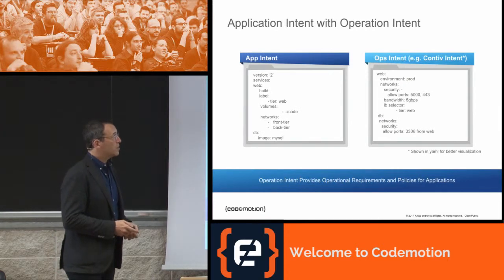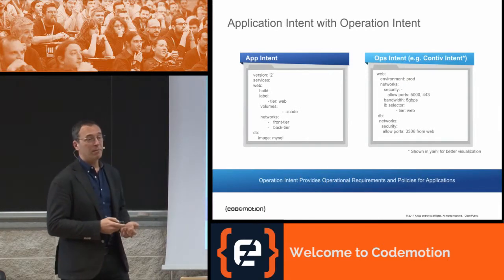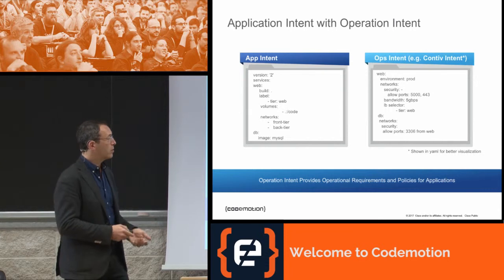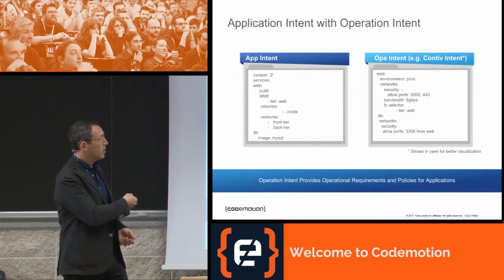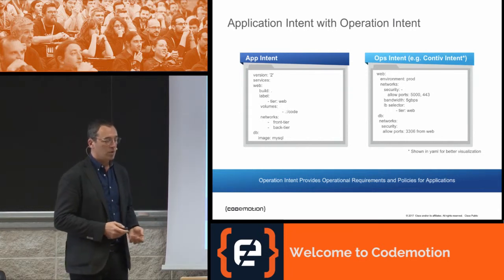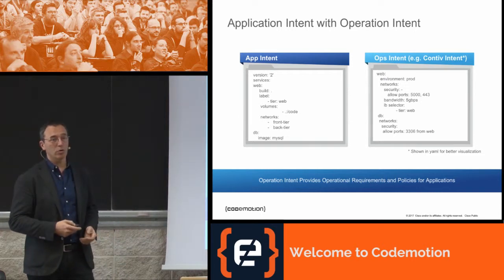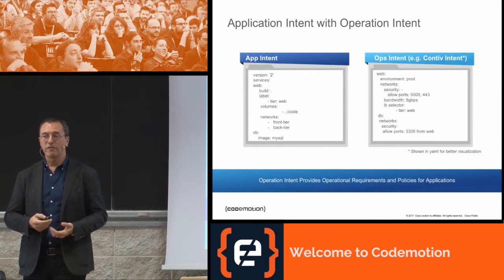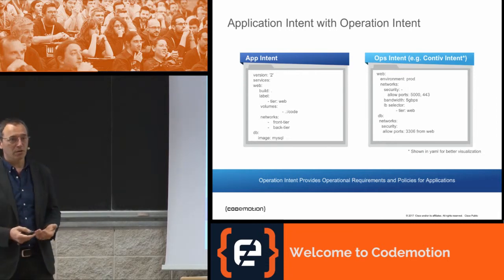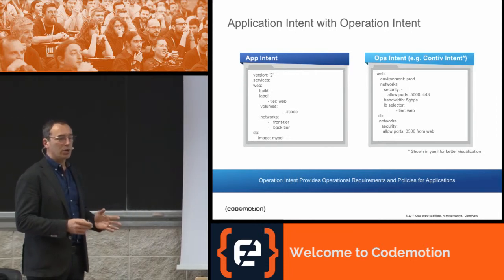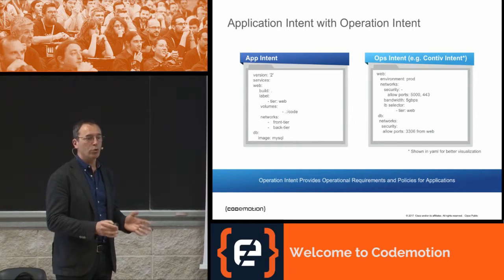So what is the representation of this application intent and the operational intent? On the left side, you see an excerpt from what could be a compose file, as an example, describing the application, the different components, the tiers that are there. So what the application developer understands and wants to deal with.